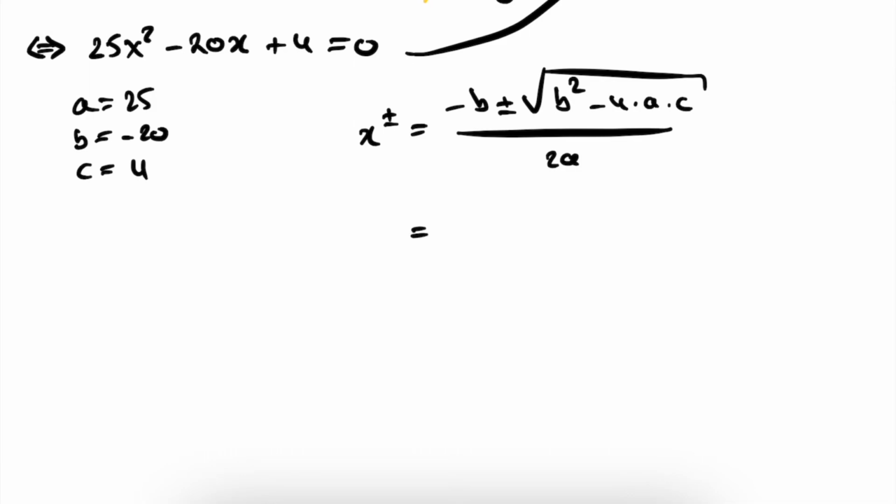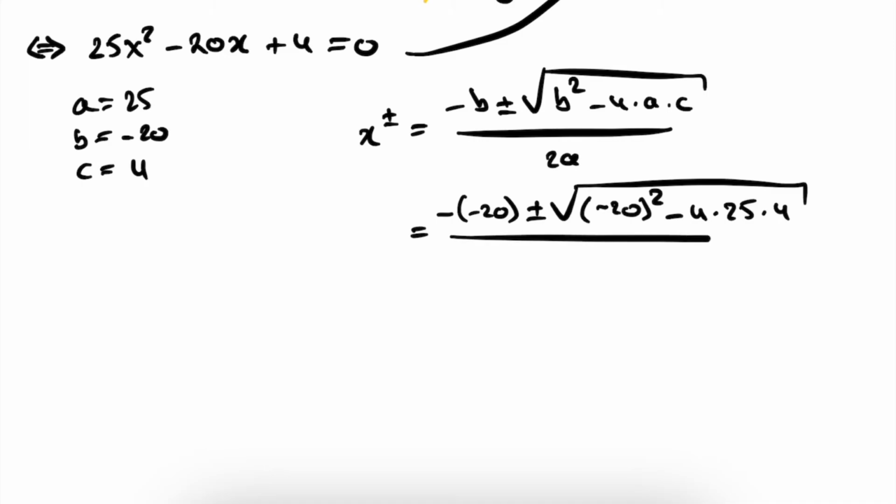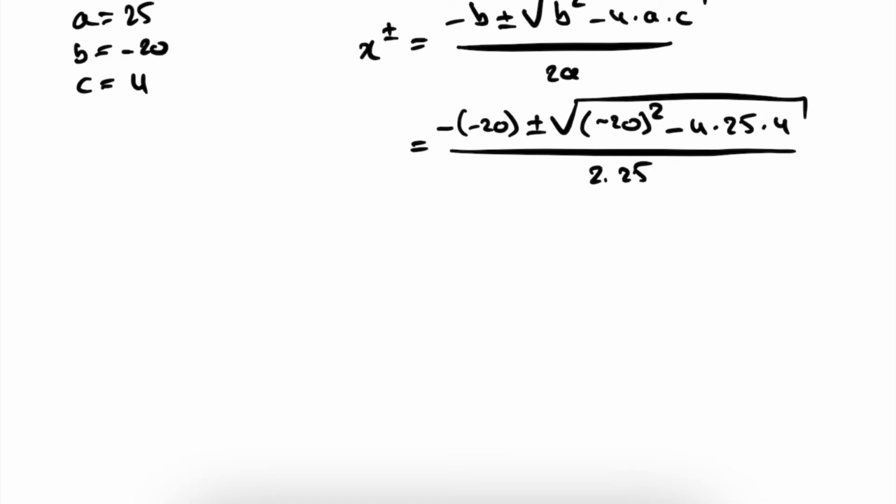This becomes minus b, so it's minus 20. Beware of the minus sign. Plus minus the square root of minus 20 squared minus 4 times 25 times 4, divided by 2 times 25. These become very big numbers, but bear with me because the solution will be quite simplified.